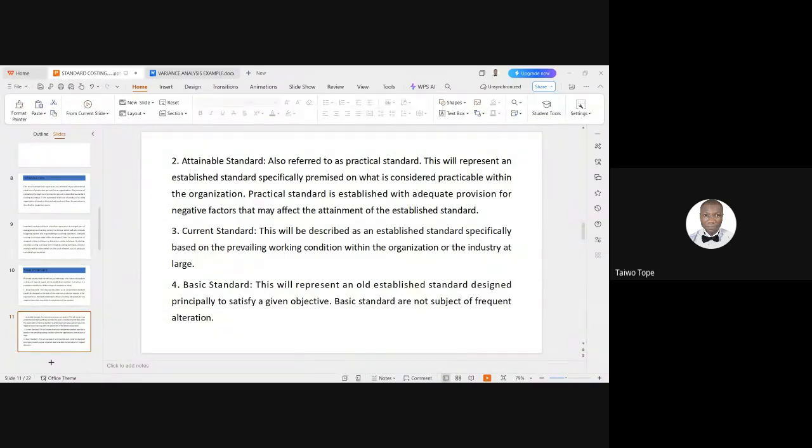Because you must have a vision, and a vision is a long-term thing that will be achieved, even though you have some medium-term means to see that the long-term objective of the organization is achieved. So the basic standard, in simple terms, is long-term, and it rarely changes. I'll put it that way.